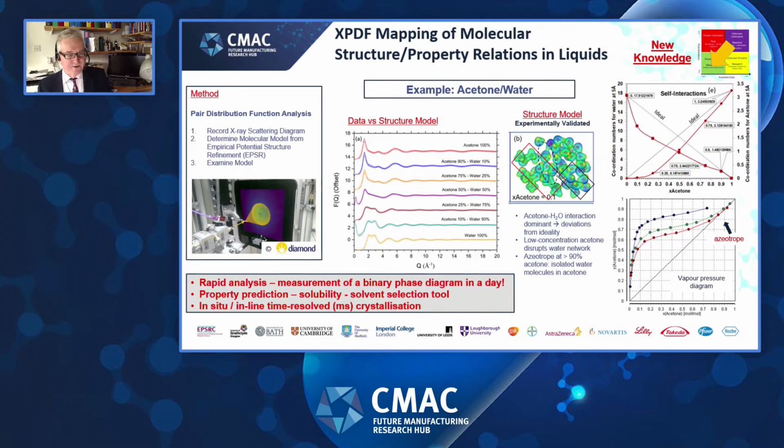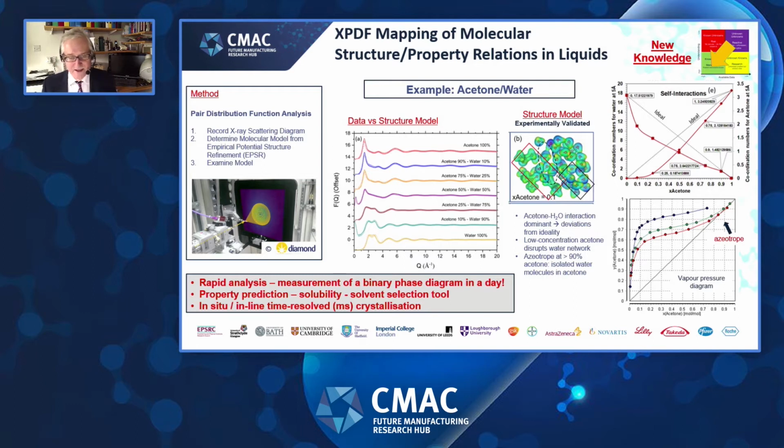So we look at pair distribution function analysis with synchrotron X-rays, so we get very high energy X-rays, and we can then rapidly map through whole phase diagrams with structure analysis, and then get structural models by fitting against those scattering data that we're getting with X-rays.